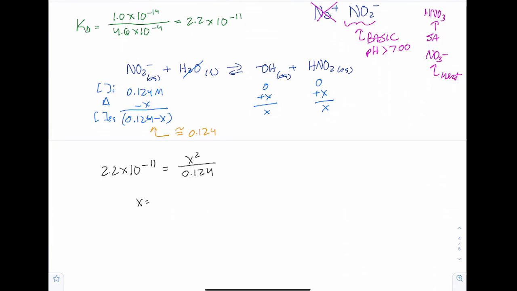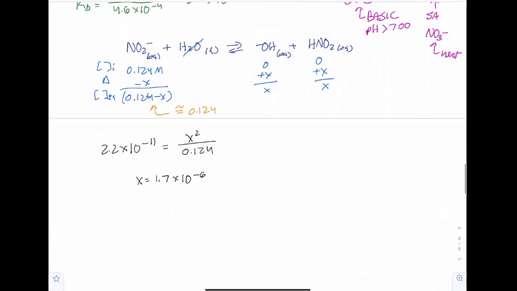And I get 1.7 times 10 to the negative 6. And I do just want to double check that one more time. Sorry guys, give you a chance to get caught up. Alrighty, I got the same thing again. So be careful on this one.